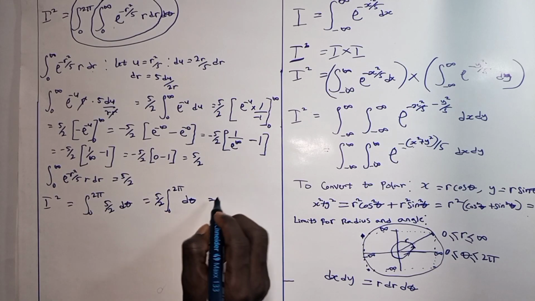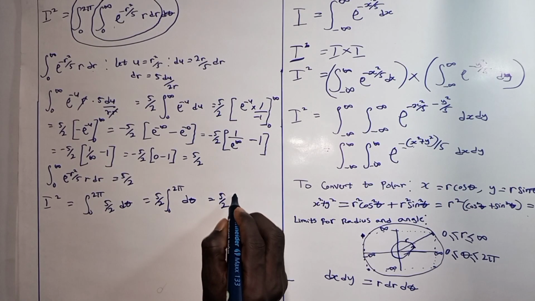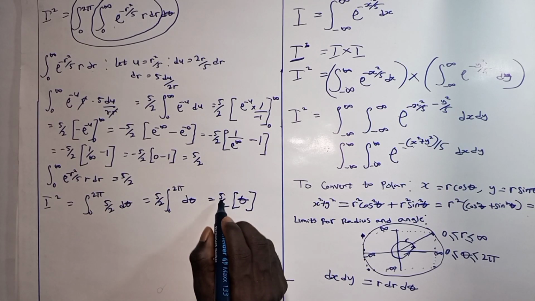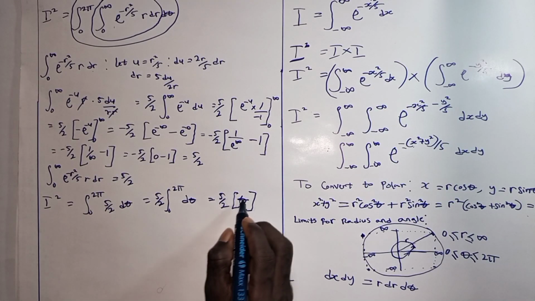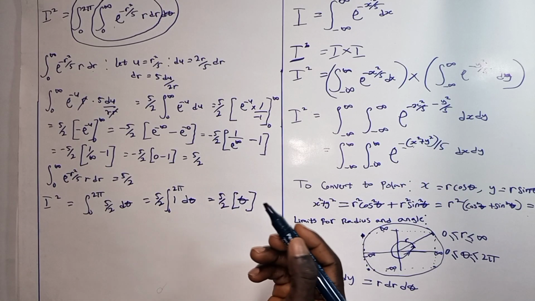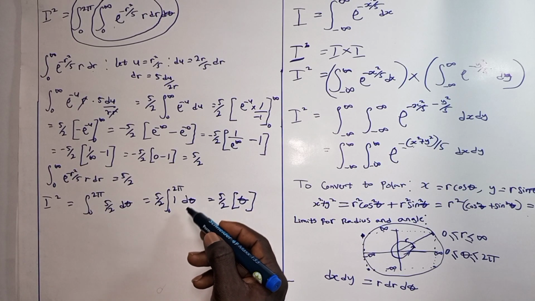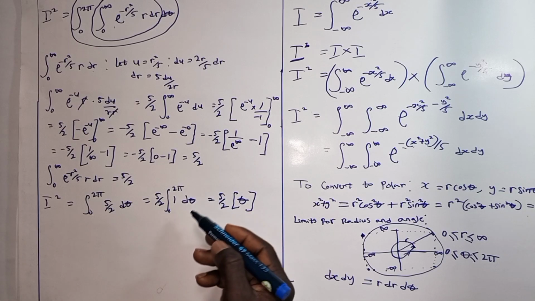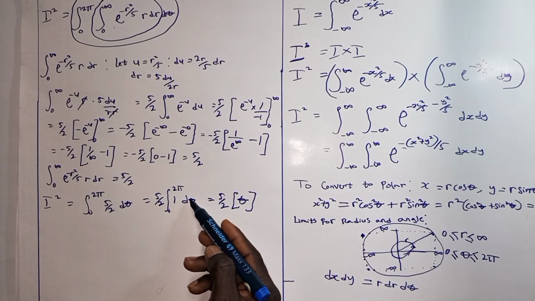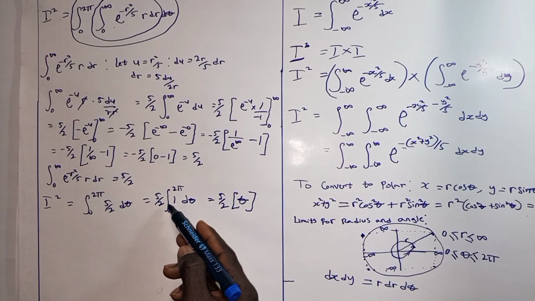Integrating d theta, just like integrating 1, gives theta. When you integrate 1, you get the variable you are integrating with respect to. If it's x, it will be x; as it is theta, it is going to be theta.